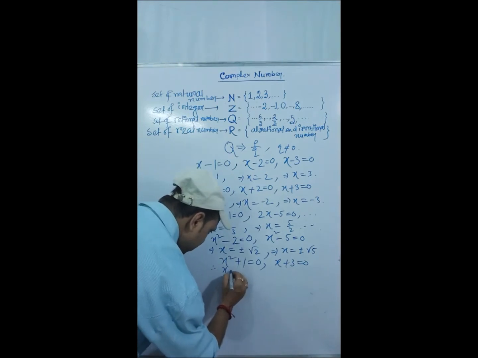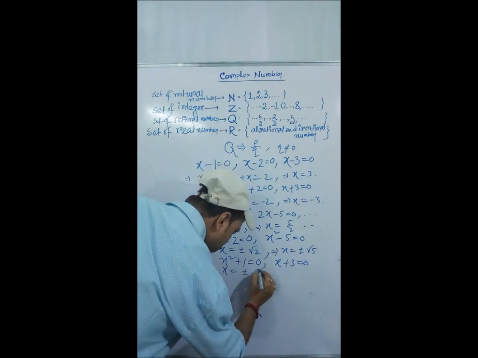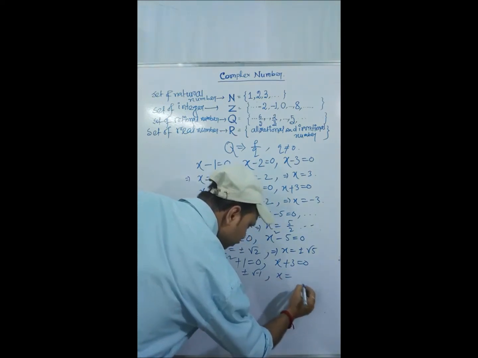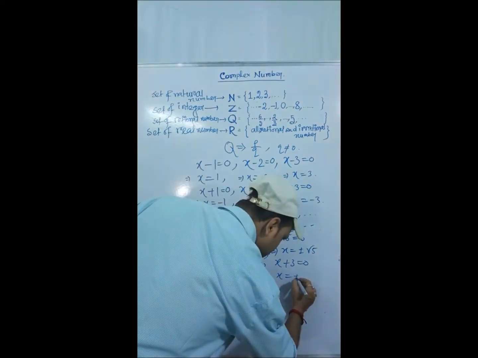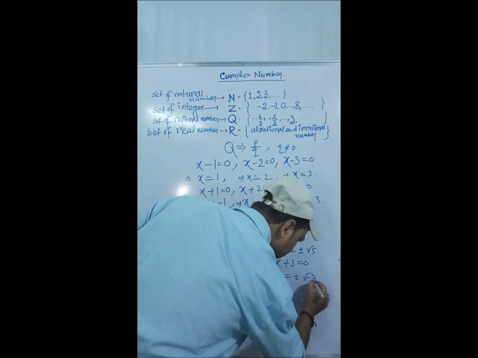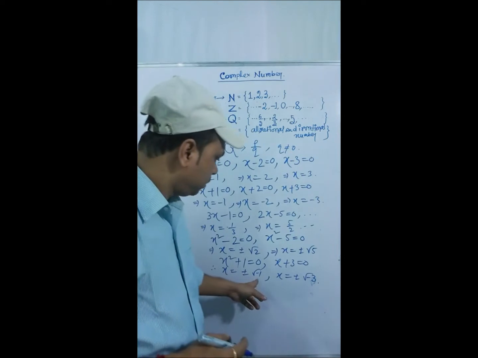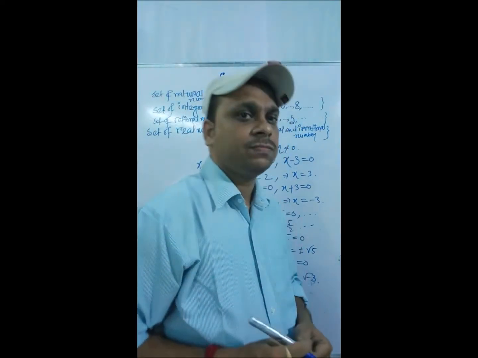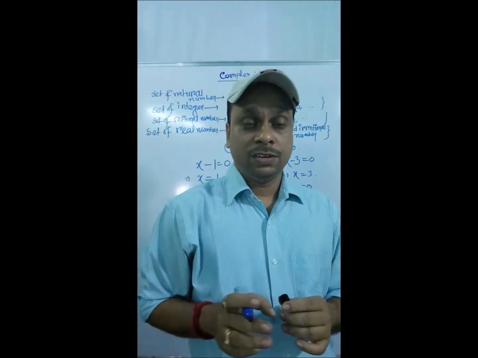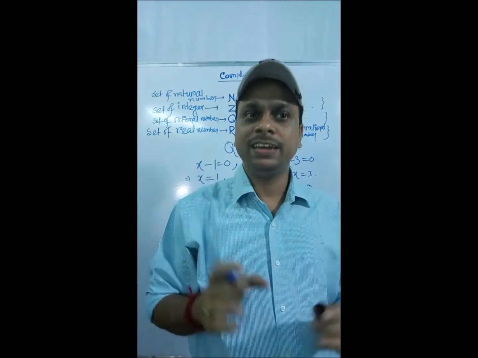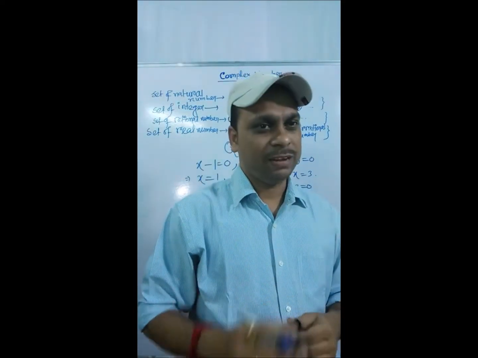Therefore, x equals plus minus root over minus 1, and x equals plus minus root over minus 3. These are not real values, but to reach the specific goal, it is necessary to solve the problem.